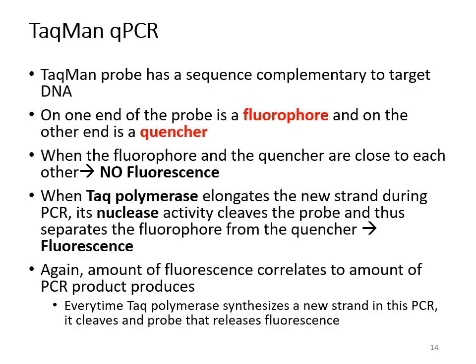Okay, this is a slide that helps you kind of see in words what I was just saying. Make sure you're very comfortable with knowing what happens with the fluorophore when it's near the quencher versus when it's separate. Okay, make sure you can explain how exactly a TaqMan probe allows us to quantify a PCR product.